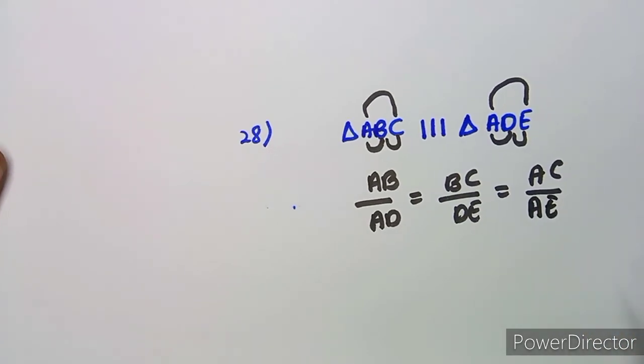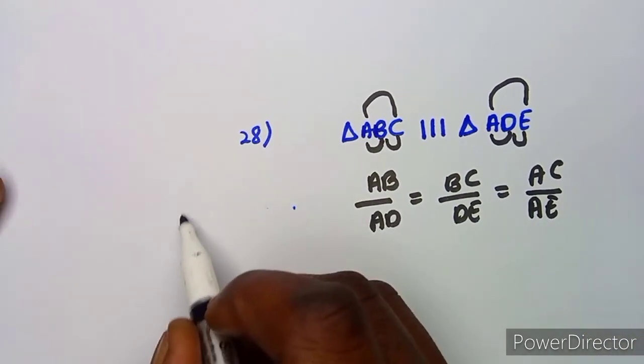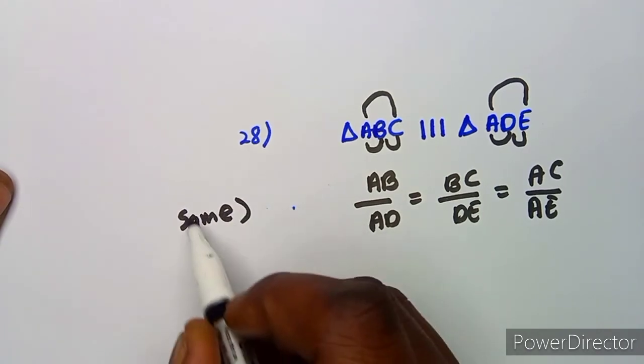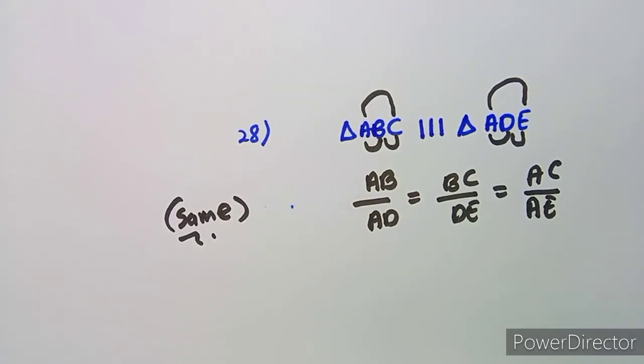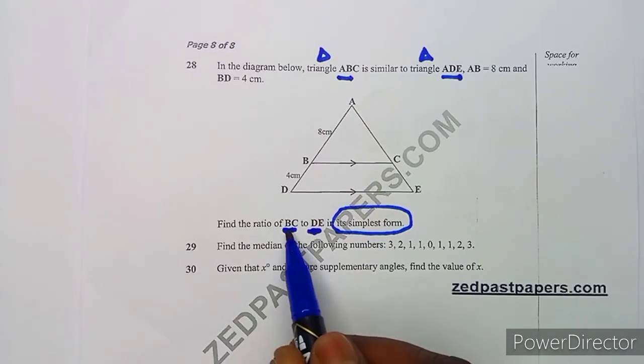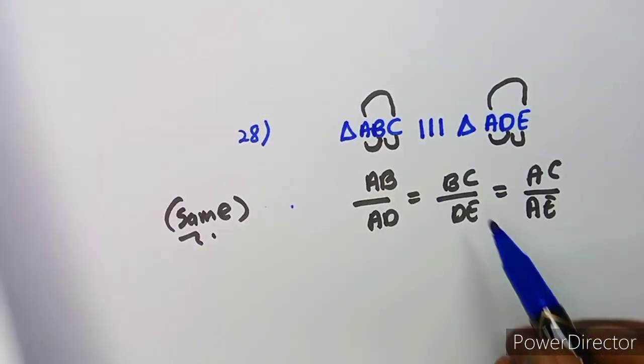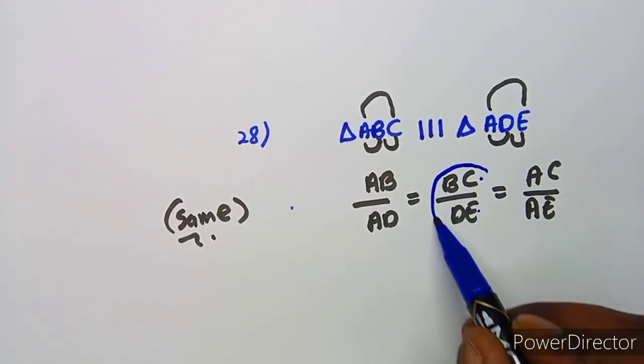These are the ratios, where I know that the ratio of sides is the same throughout. For similar figures, the ratio of sides is the same. So I am asked to calculate this ratio here, BC to DE. This is the part that I want.